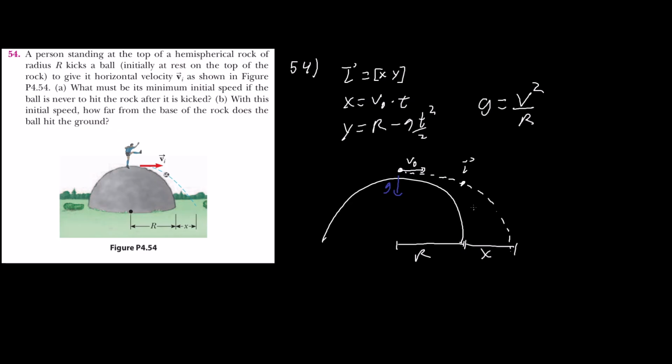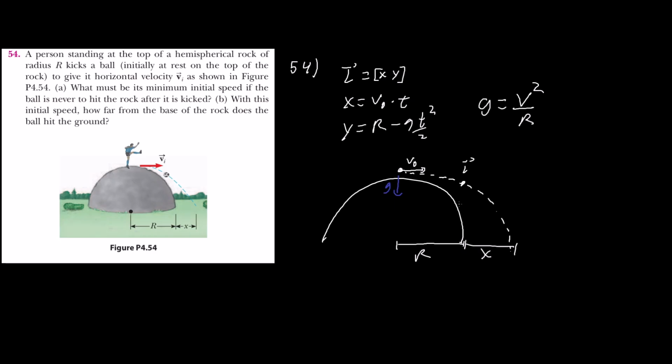Maybe not necessarily through the whole path, but initially that's the case if you kick it at that speed. Because remember, this is just going to go straight down. It's not going to point towards the center once you kick it. But initially, if you kick it right at that speed, that's definitely going to bypass the hemisphere. It might even bypass it right at that initial minimum value.